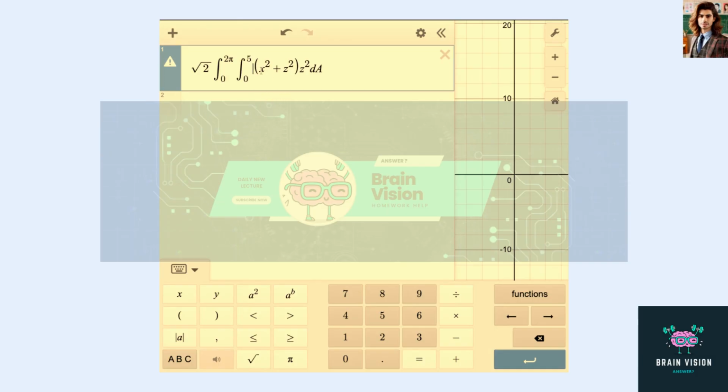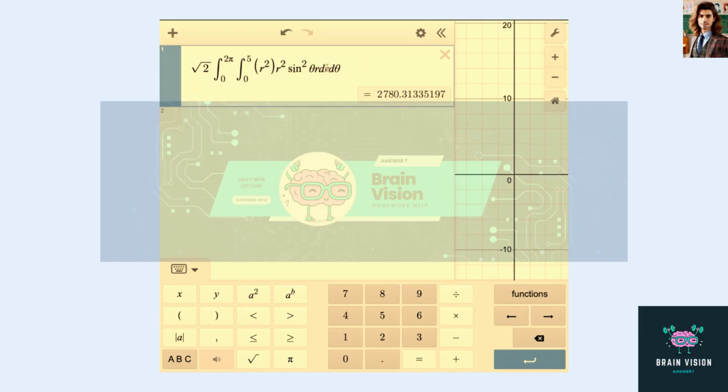And that means that x squared plus z squared becomes r squared, and z squared becomes r squared sine squared theta. And then instead of dA, now we'll have r dr d theta.